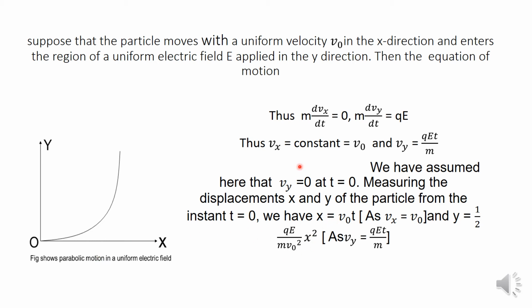From vx = v0, that is dx/dt = v0, we find x = v0 t, and from vy = qEt/m, putting the value t = x/v0, we find y = (1/2)(qE/(m v0²)) x², and this equation is nothing but a parabola.